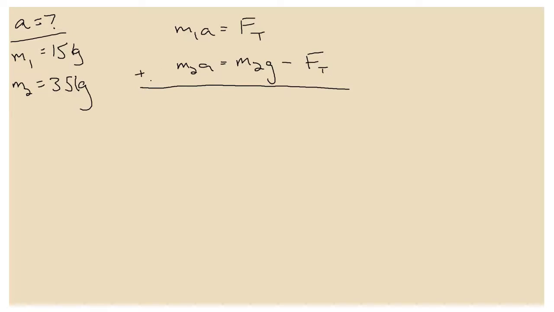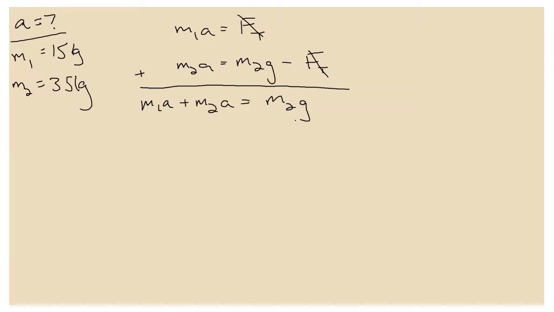When I add those equations, on the left-hand side, I get M1A plus M2A. And that's equal to, notice the tensions cancel, so I just have M2G. That's it. Now, solving this for the acceleration is not that complicated.